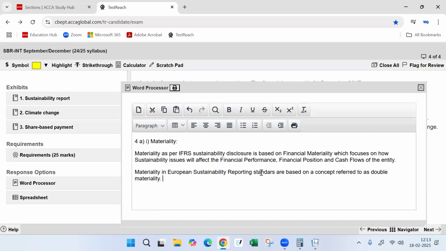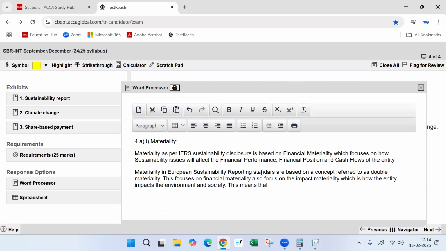This focuses on financial materiality, and also focuses on impact materiality, which is how the entity impacts the environment and society.